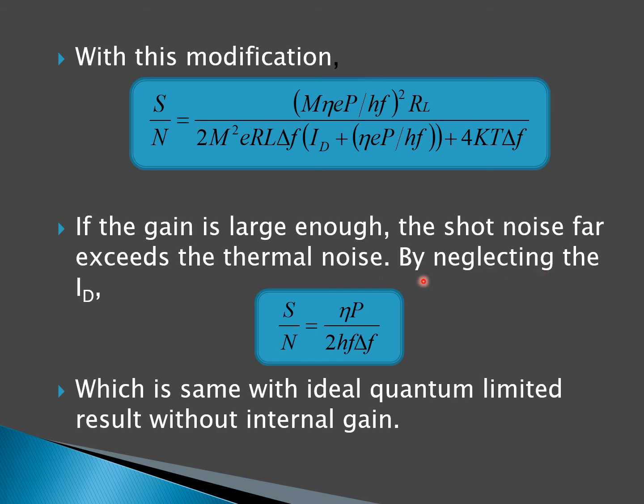By neglecting the dark current, the signal to noise ratio becomes like this. You can see the formula is the same as the ideal quantum limited case without internal gain. Even though there is an internal gain, the signal to noise ratio uses the same formula for the APD, if it is quantum limited.